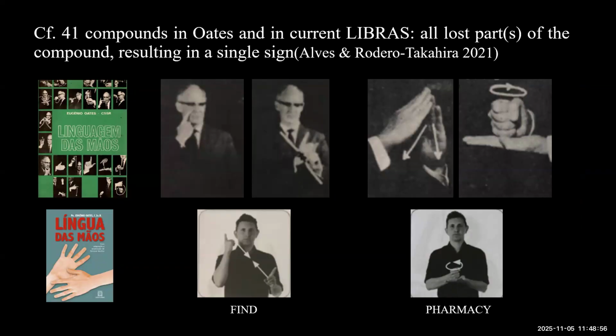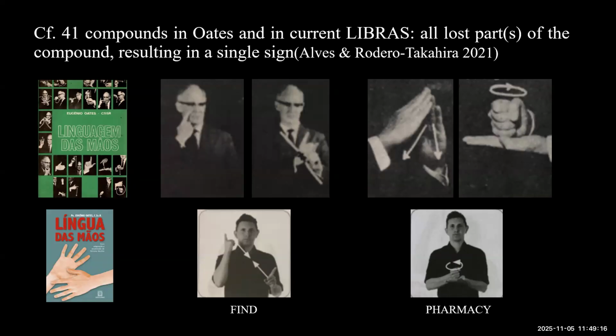So there was a comparison between the work. One of the things that was looked at was the compounds, the lexical items that were found by Oates, and then seeing how those were manifesting today.